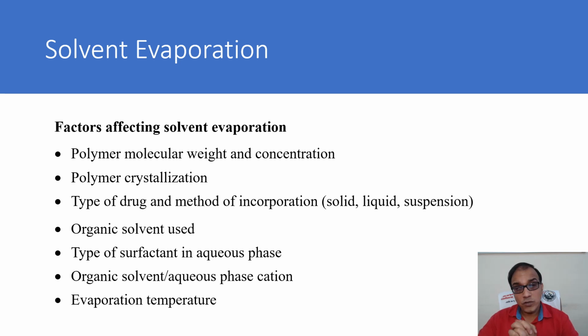What are the factors which affect solvent evaporation? Polymer molecular weight and its concentration, polymer crystallization, type of drug and method of incorporation (solid, liquid, or suspension), organic solvent used, types of surfactant in the aqueous phase, organic solvent, aqueous phase, and evaporation temperature.